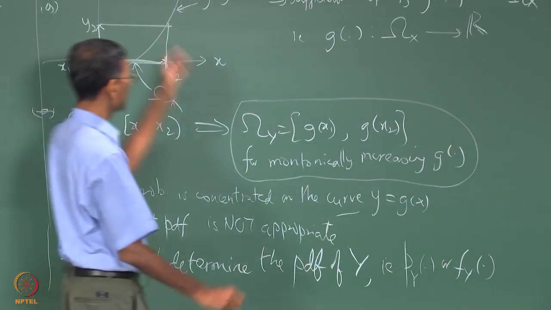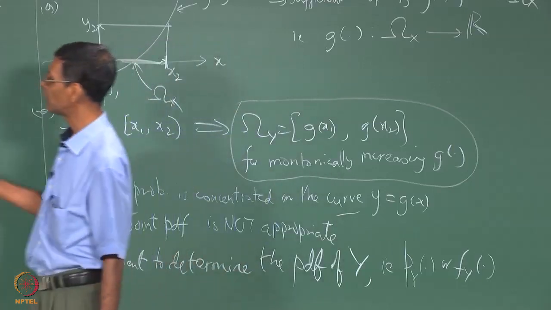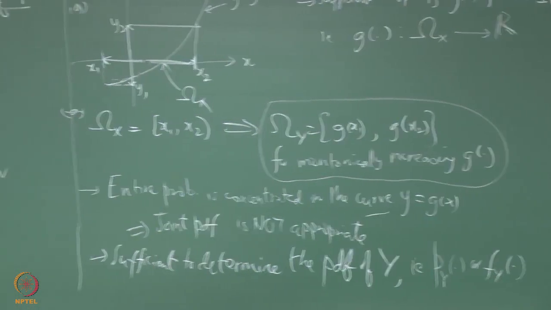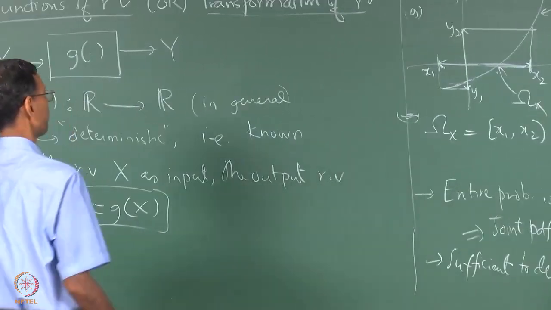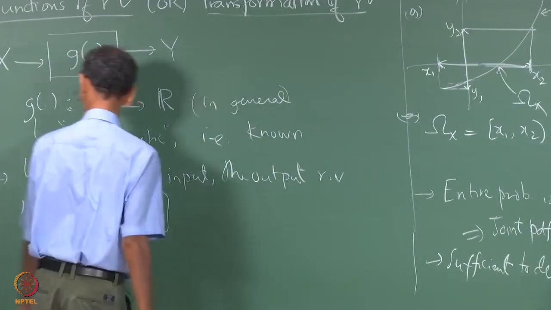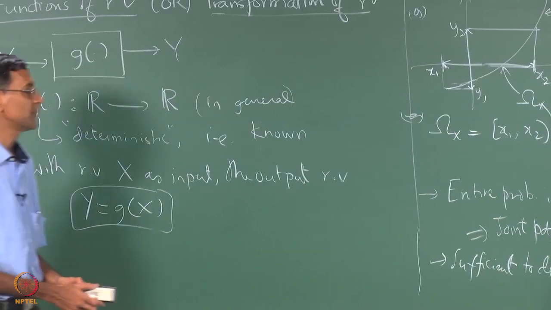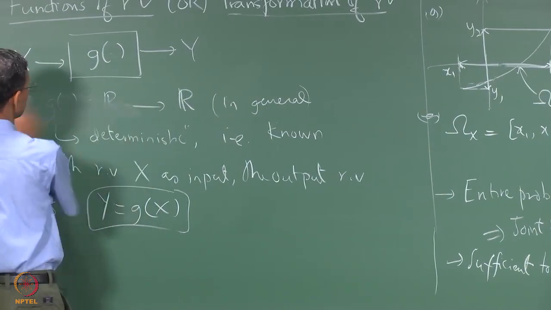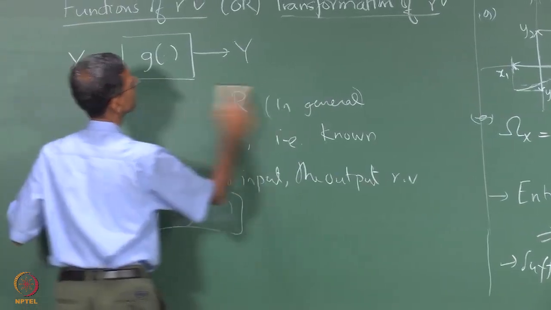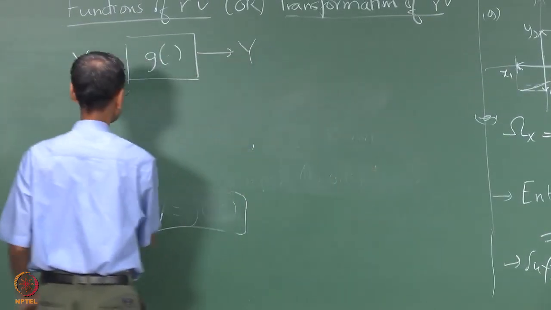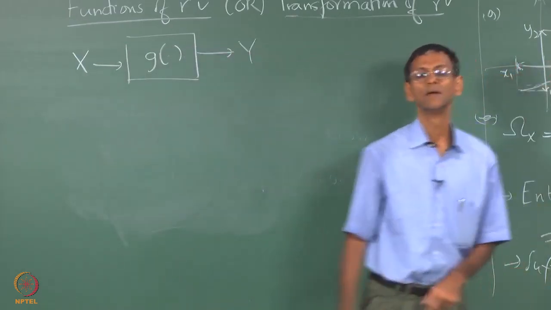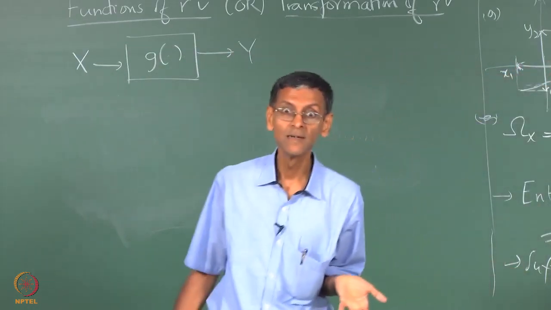So what kind of a random variable is y going to be? Before we proceed with any calculations, we have to understand that. Supposing x is discrete, which means that it can take only a countable set of values, then y also has to be discrete.